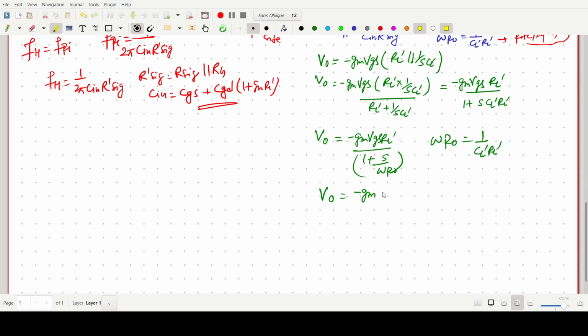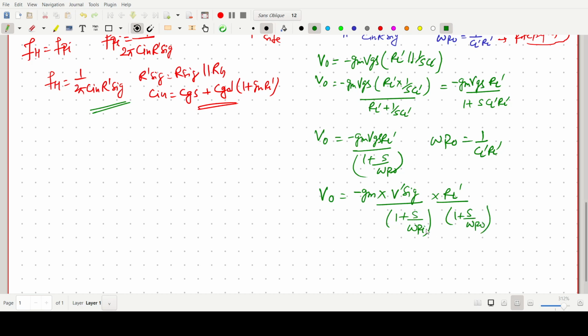So minus Gm, and VGS is V dash signal by 1 plus S by omega pi. This one is not the approximation; the first one is the approximation for when we are neglecting the C2 and CL dash. We know the value of omega pi, into RL dash by 1 plus S by omega p naught.